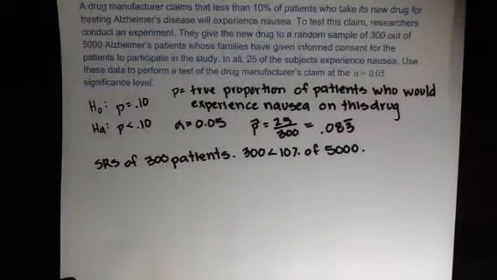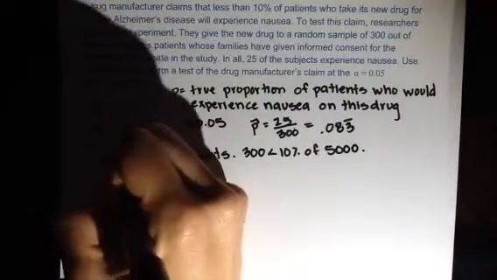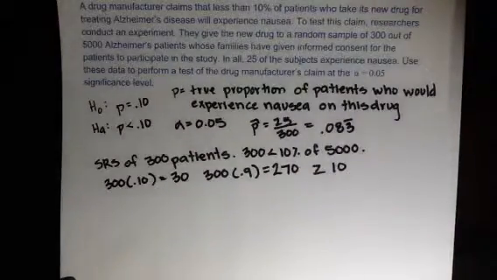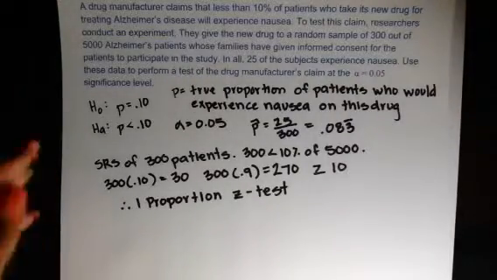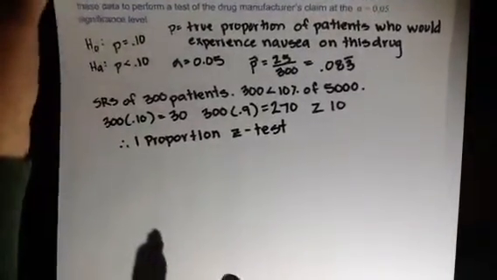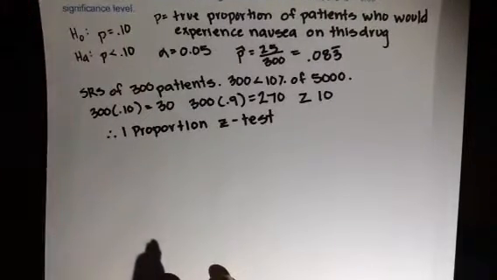In checking our large counts condition, we know that n of 300 times p of 0.1 is equal to 30, and n of 300 times 1 minus p of 0.9 is equal to 270, and both of these are greater than or equal to 10. That means that we will be using a one proportion z-test. So now everything that we need is right here in our answer, and we're going to go on with our calculations using this information that we've set up.